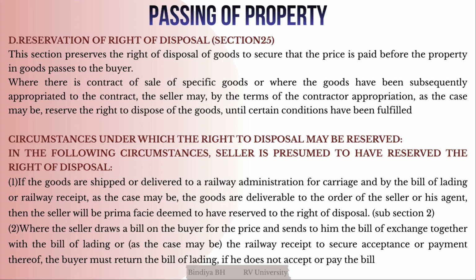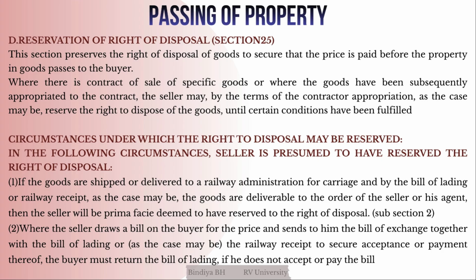And we have also understood about the different modes of delivery, which is actual delivery, constructive delivery, and symbolic delivery. So, with this, we can summarize that ownership is about rights, whereas delivery is about physical control. Both are different, but it is connected.